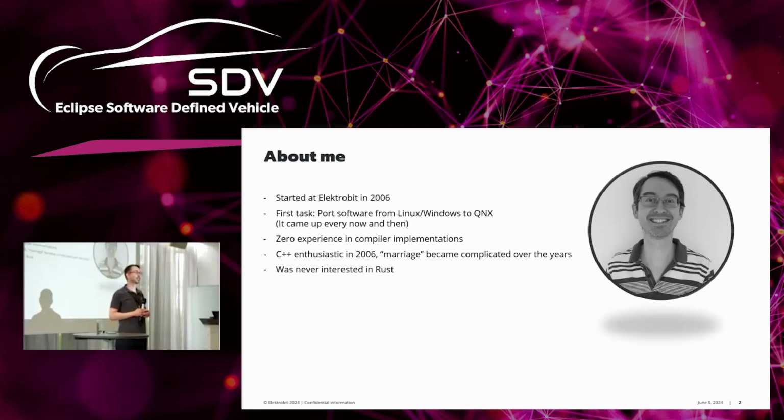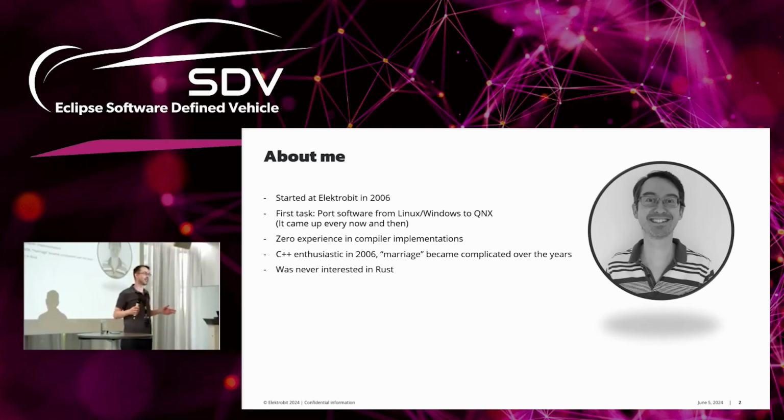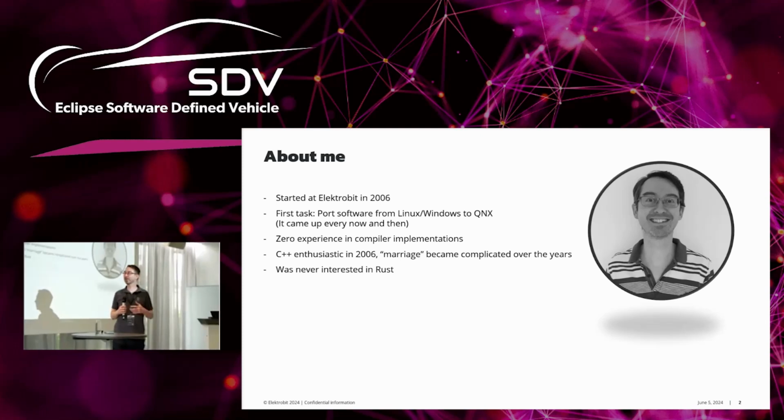And this is something which followed me my whole career, because we are using QNX very often in many projects. So I had to ensure that our code works on QNX basically all the time. I had no experience with compilers.